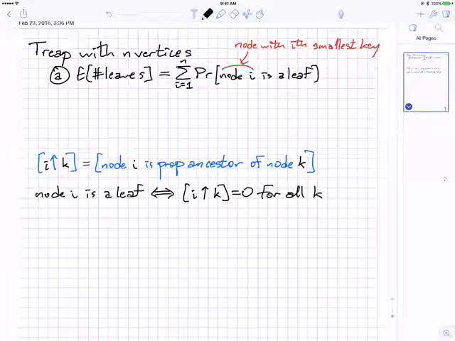So I want to know under what conditions is the node a leaf? Well, it's not a proper ancestor of anybody else.